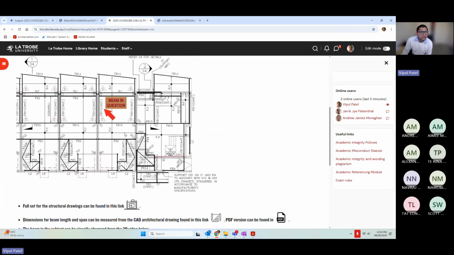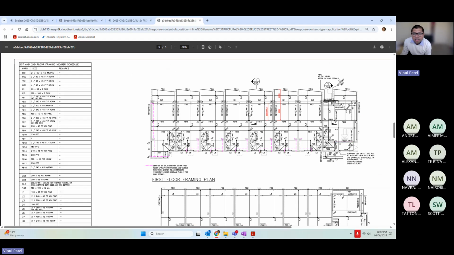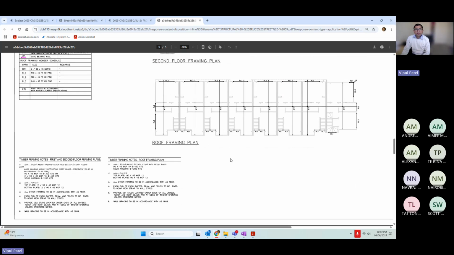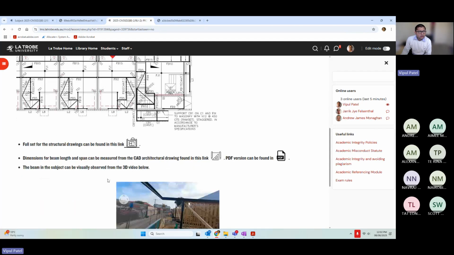I can go back and check it. That's the beam FB1, the beam they're talking about, and I will show you this FB1. We need to find out what the load coming onto this FB1 is. Right, so that's the question.